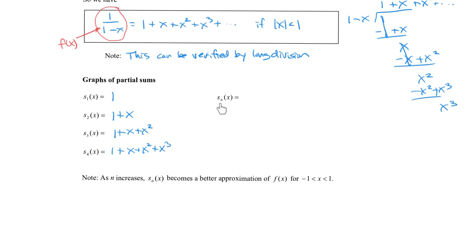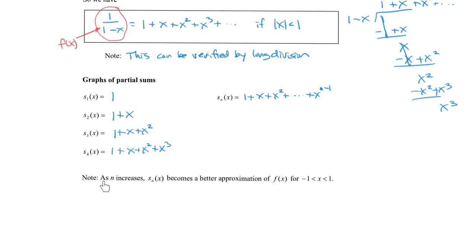So in general, if I had the nth partial sum for this series, it would be 1 plus x squared plus dot dot dot plus x to the n minus 1. Right, if this is n, this will go to the n minus 1. And we're going to try to approximate this function by using these partial sums.